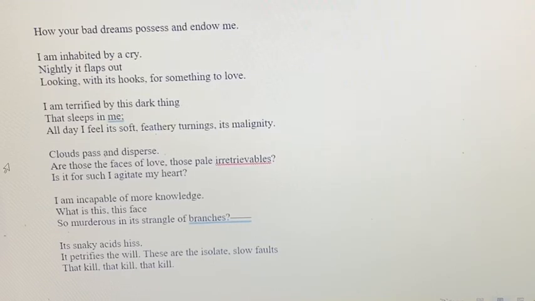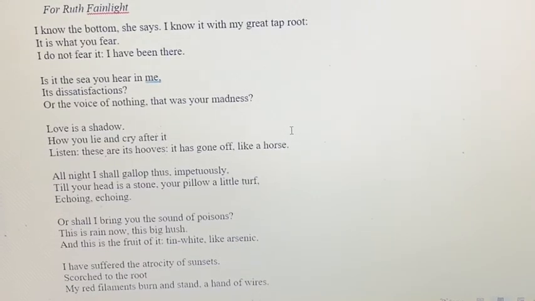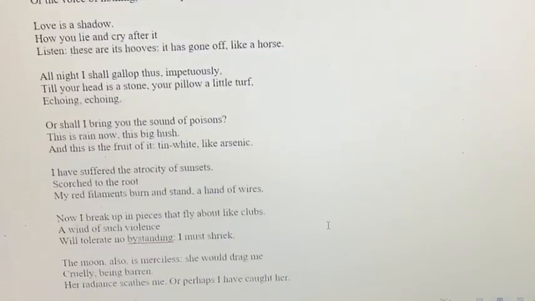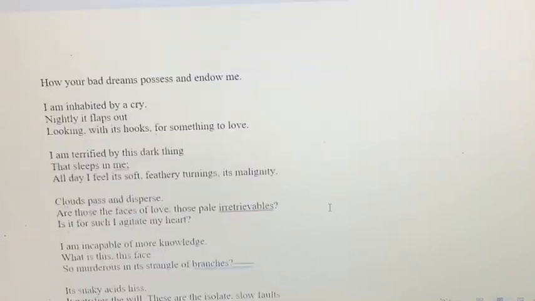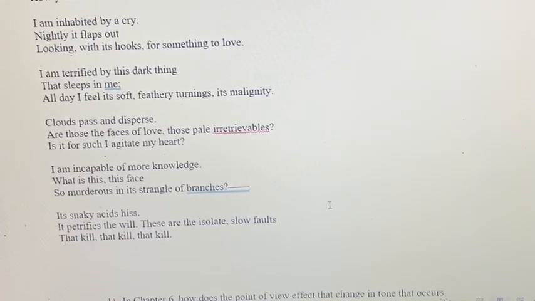We see in the beginning, the point of view was positive and the tone was one of superiority. The tree was sort of superior to humans and their desire to love. But in the end, the tree becomes vulnerable to those human desires to love to the point that it becomes possessed and inhabited.